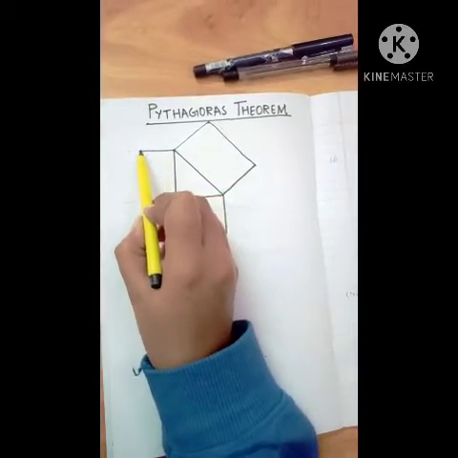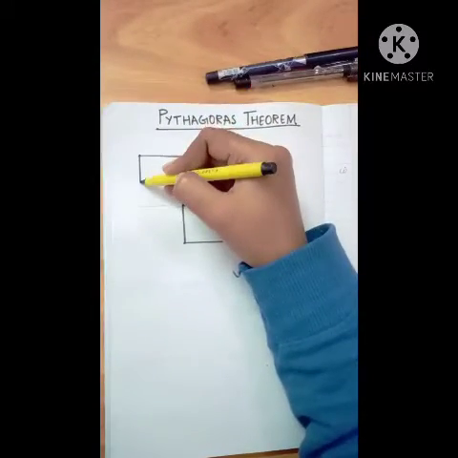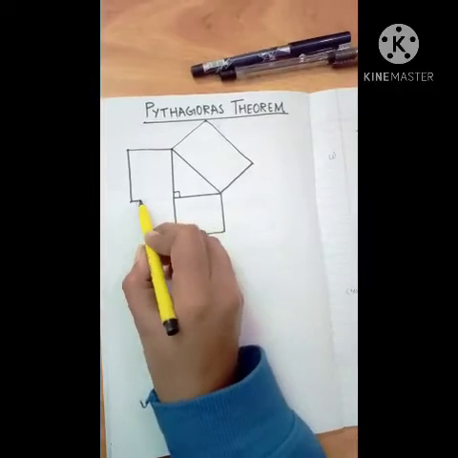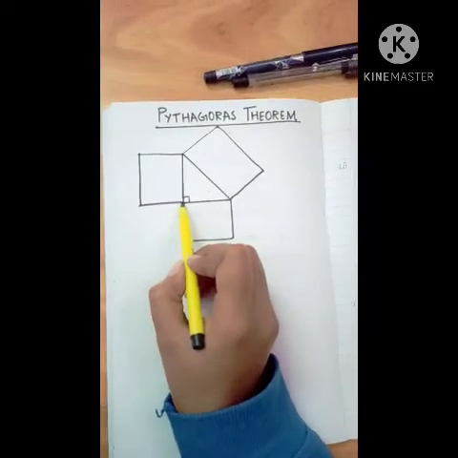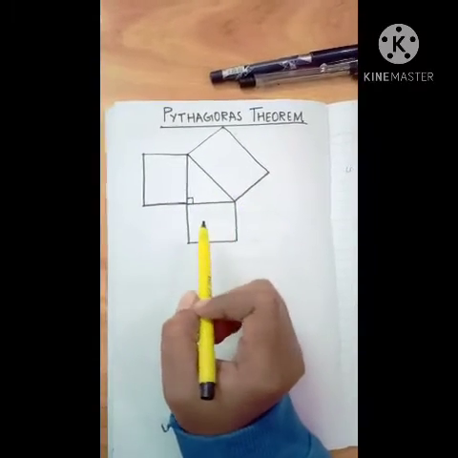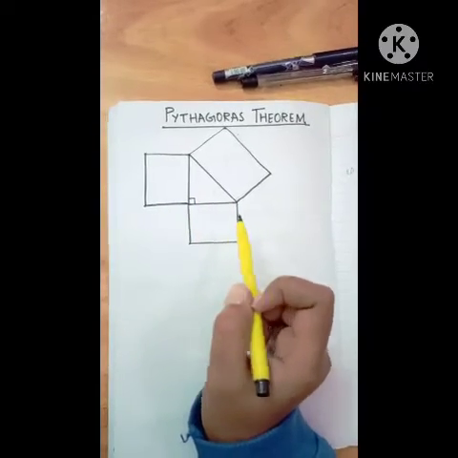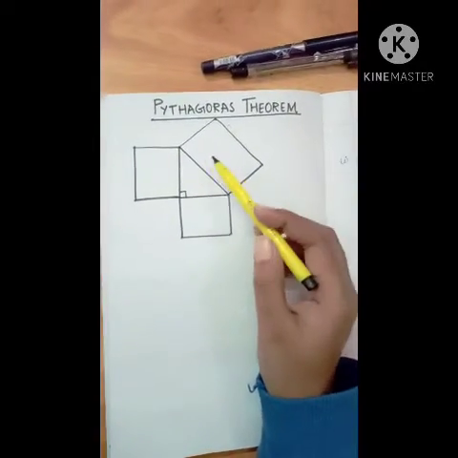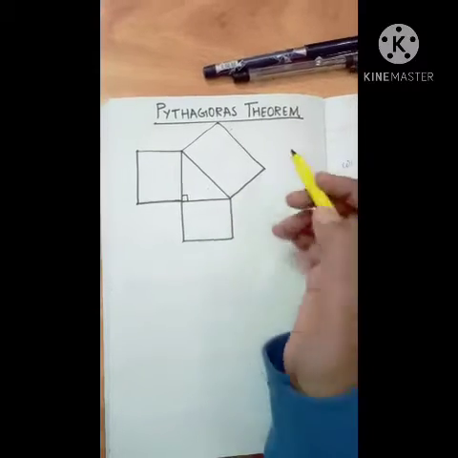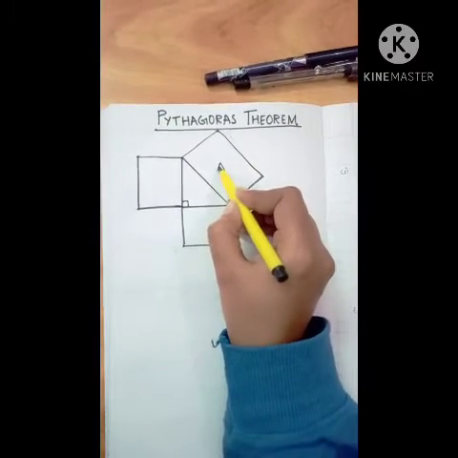Here I am making a square. Now can you tell me which is the biggest square among these? Here you can see that this one is the biggest one, right?